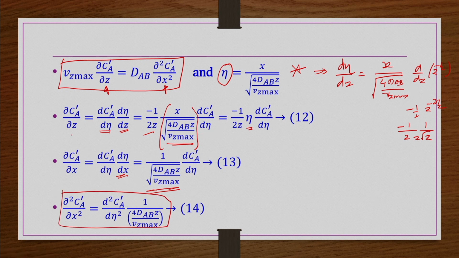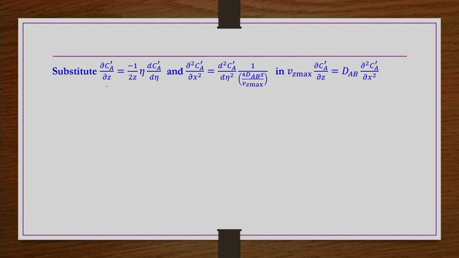So, now we have ∂Ca' by ∂z and then ∂²Ca' by ∂x² from equations number 12 and 14. These we substitute in this equation. So, that is ∂Ca' by ∂z and ∂²Ca' by ∂x² we are substituting in this equation. Then what we have?